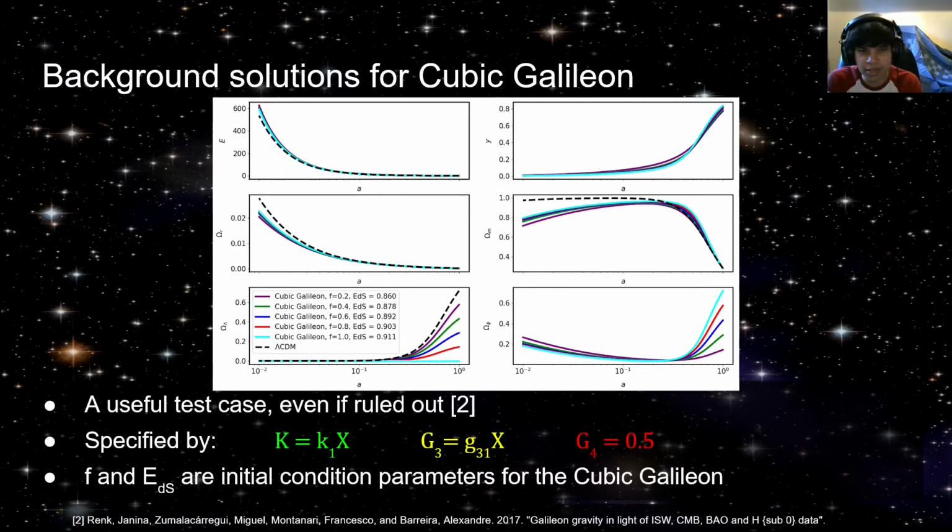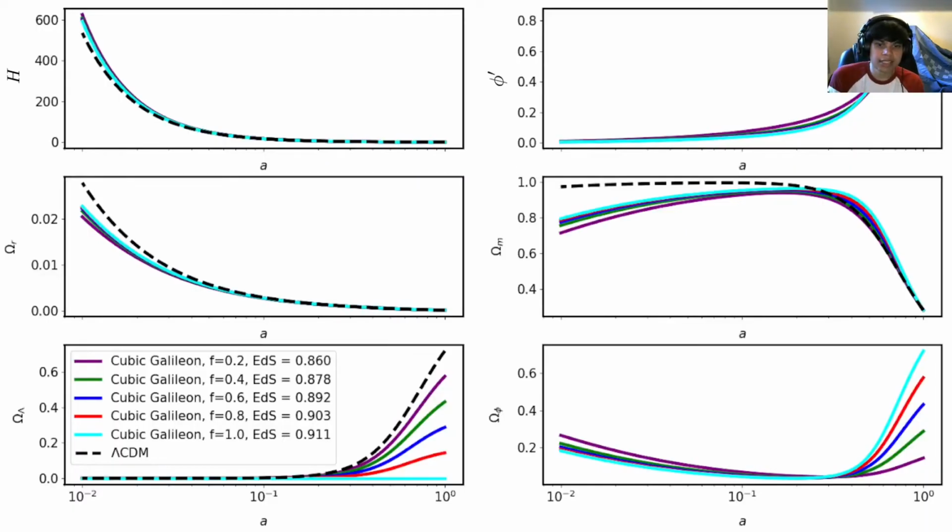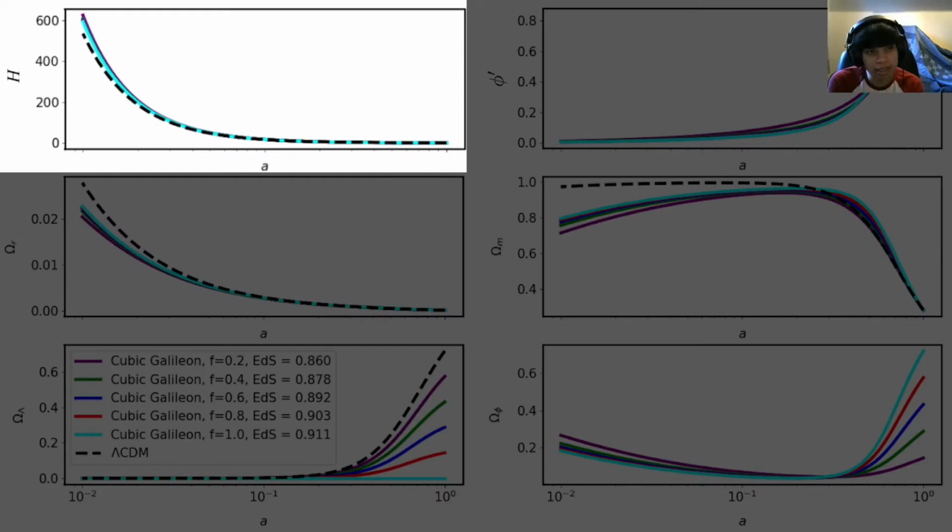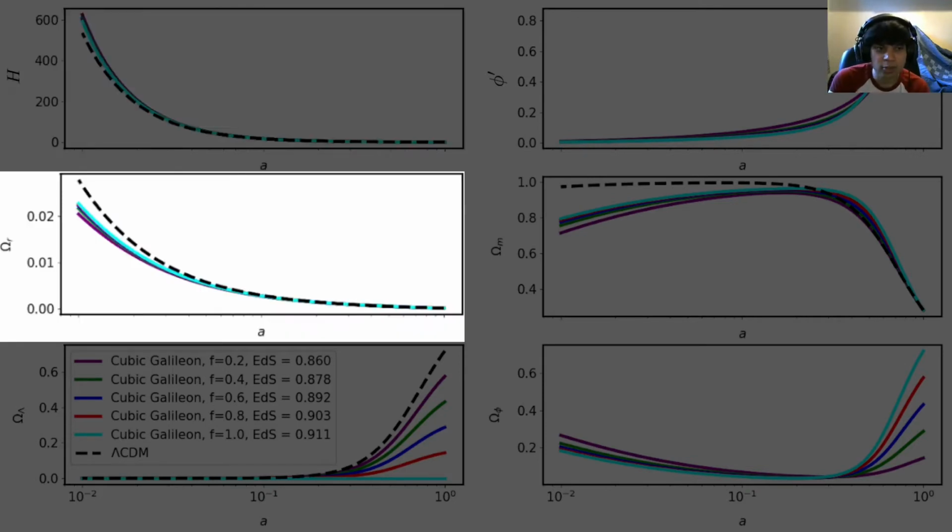So let's take a closer look at this background data. So first of all, let's take a look at the Hubble function. We can see the Hubble function for the Galilean is decreasing, just like in lambda CDM, and at late times there is good agreement. We can see that the energy density for radiation is also decreasing with time, and again, at late times, good agreement with lambda CDM.